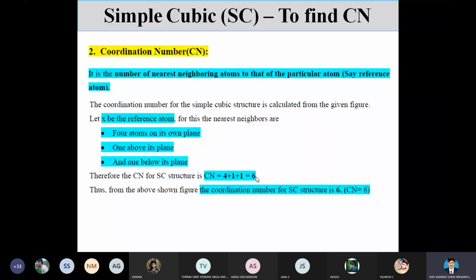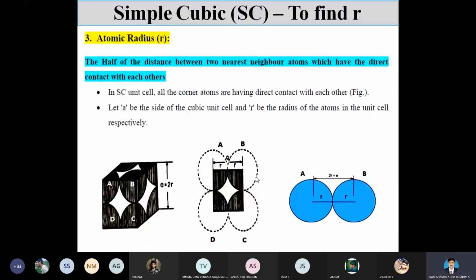The third parameter here is the atomic radius. Andraj, you can just observe this clearly. The atomic radius is half of the distance between two nearest neighboring atoms which have direct contact with each other. Those atoms should have direct contact with each other.